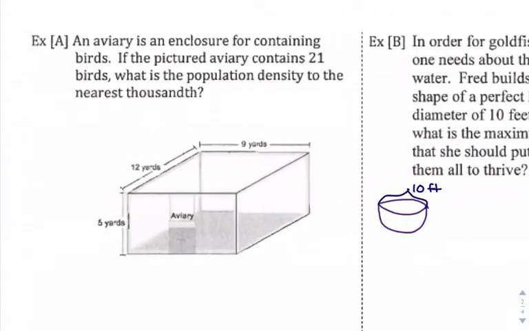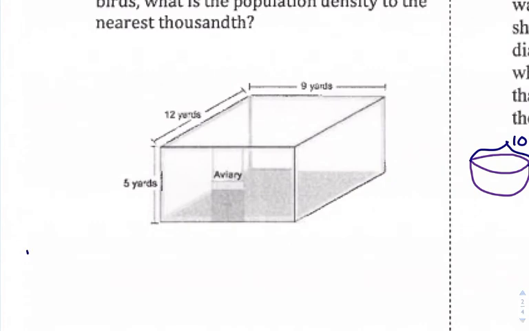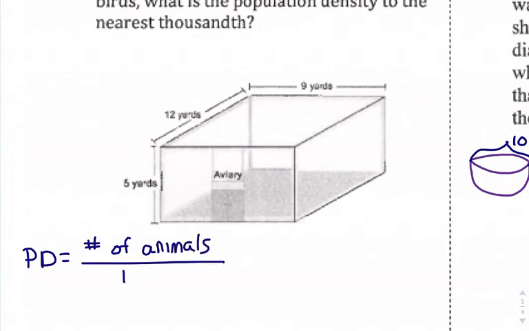So we're going to try two together. I have this rectangular prism that contains birds. If there are 21 birds in here, what is the population density? Population density is the number of people or animals over the land. Since this is a rectangular prism, we're talking about volume.